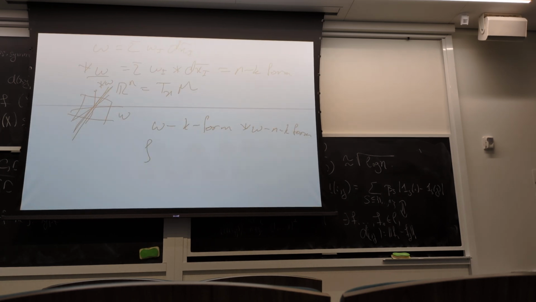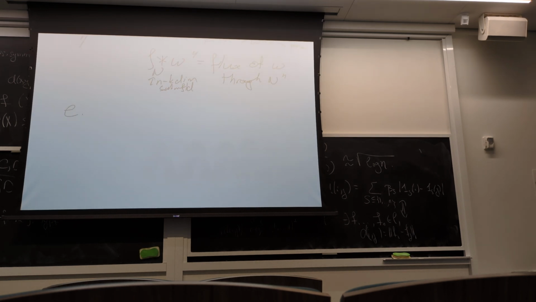So you integrate star omega over N, where N is an (n minus k)-dimensional submanifold. How do you interpret this? You should interpret this as, quote unquote, being the flux of omega through N.